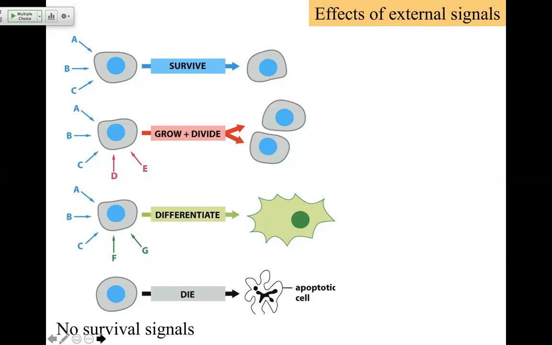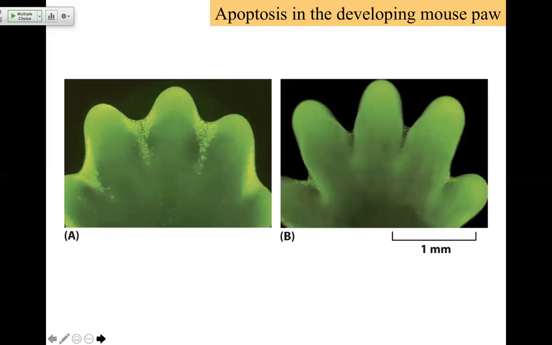So a normal process in normal development does involve both cell division, cell differentiation, but also cell death. Over here, we're looking at the development of a fetal mouse, development of its paw. Early in fetal stage, it's sort of spade-like. And if we look closely, we see there are some fluorescently labeled cells.